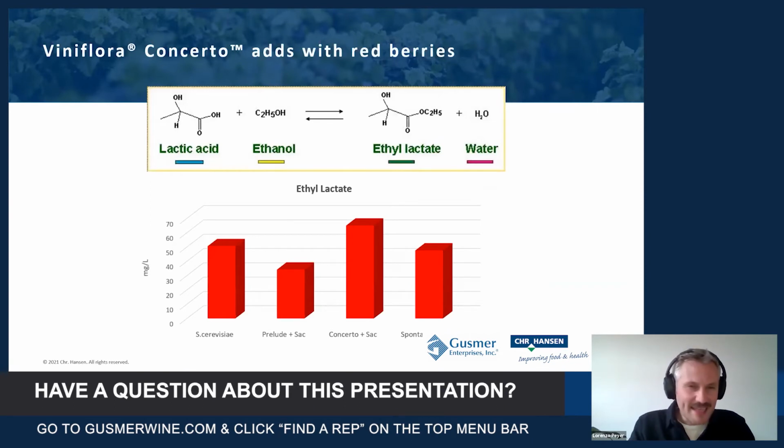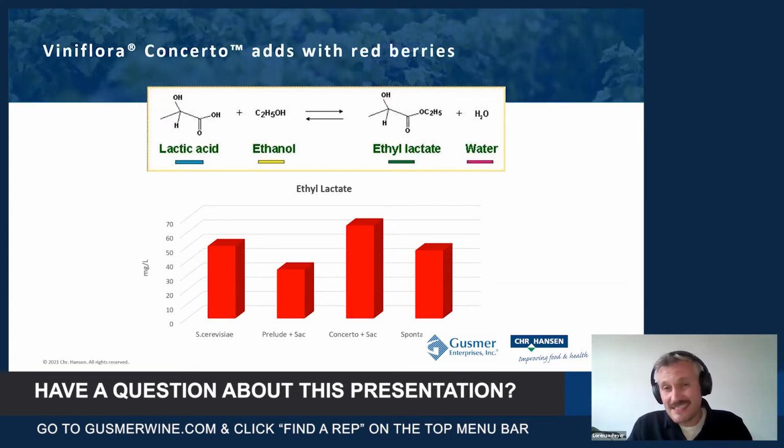By releasing lactic acid in an environment where ethanol is present, these two molecules can come together and form a bond, producing ethyl lactate. And this happens chemically almost spontaneously in the must, in the juice, in the wine at the end.